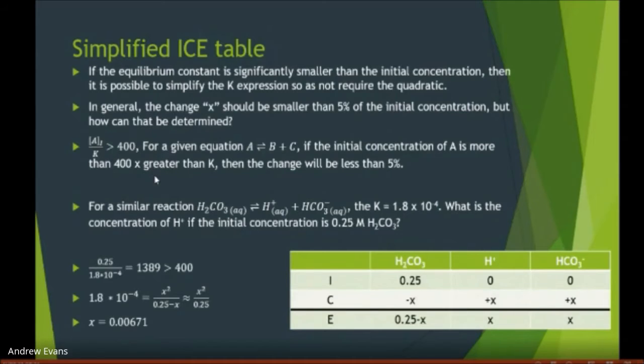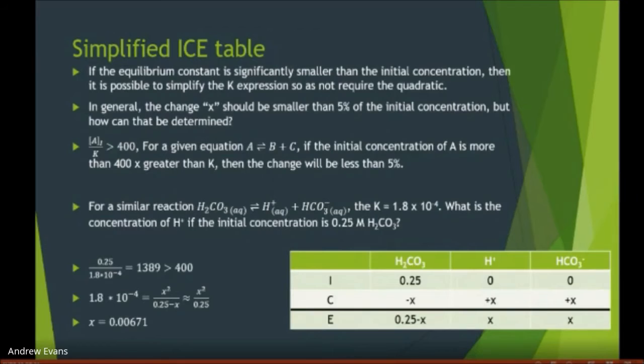So in our previous situation, 0.25 divided by our 7.2 times 10 to the negative fourth, I would have said that was 347, which is less than 400, so it's not insignificant.